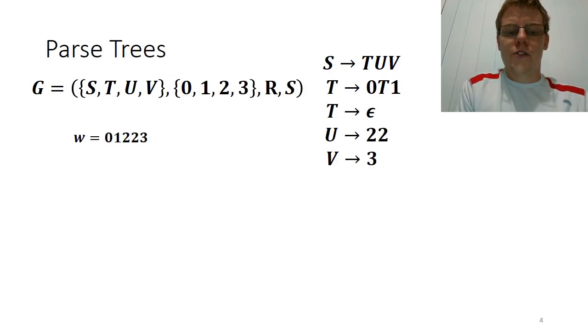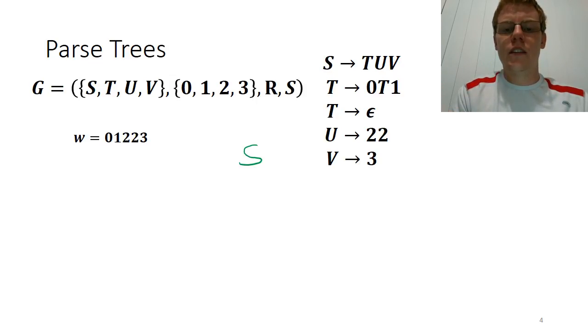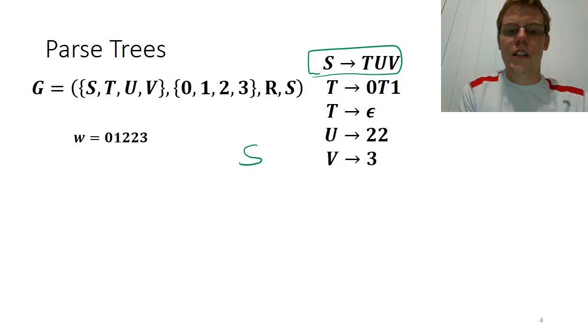What we use for the parse tree is quite simple. We have the root of the tree being the start non-terminal, and then nodes become child nodes of another node whenever we expand using a rule from that particular parent to those particular children. So for example, when I expand the start non-terminal to T, U and V, I write that like this.